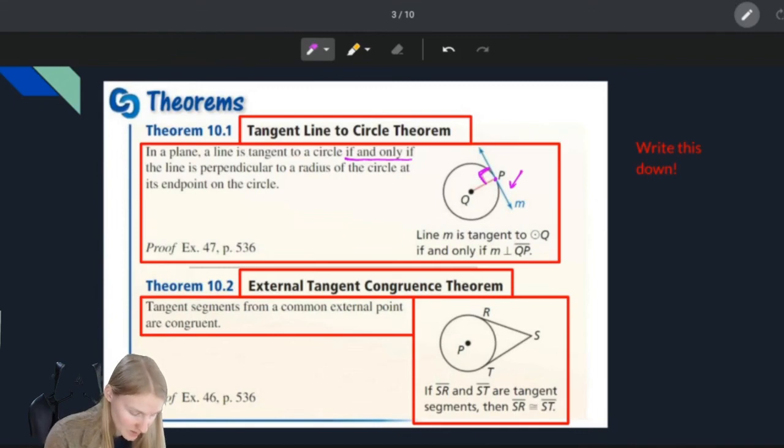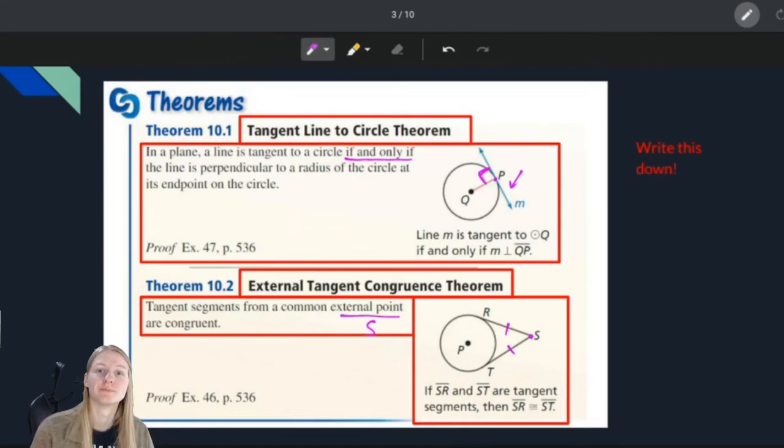So this external point is S, and these tangent segments are congruent. That's all that means: if this is a tangent segment and this is a tangent segment, they have to be equal. They have to be congruent, which means that their lengths are equal.